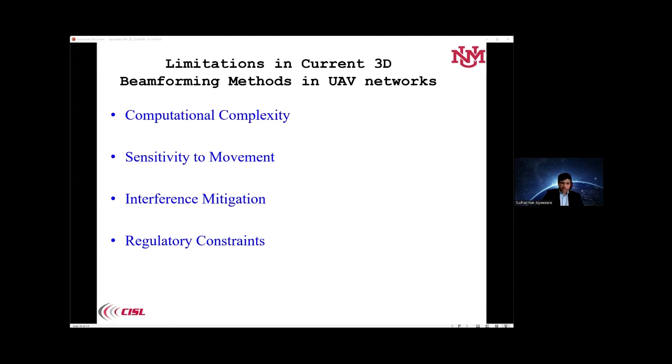And then finally, you have the regulatory constraints that you need to also take into account, because there are the spectrum usage constraints, and also how high these UAVs can fly and the no-fly zones, and also what transmit powers the UAVs can use so that the transmissions are actually safe.